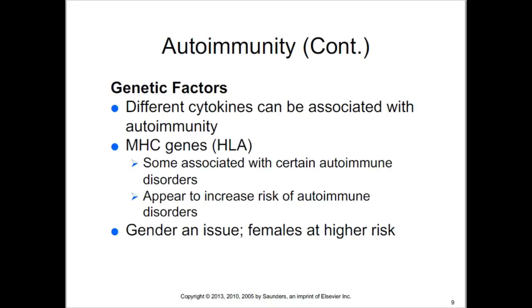So if you needed an organ, your tissue types need to match the tissue types of somebody else's organ that they're trying to transplant into you. They have to match. These are the 6 things that have to match in order for your body not to reject that organ.